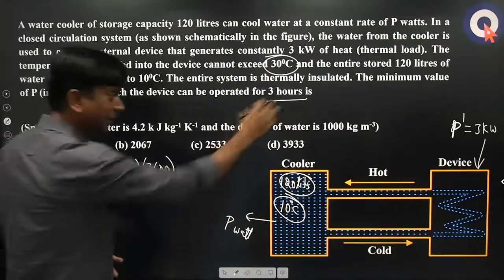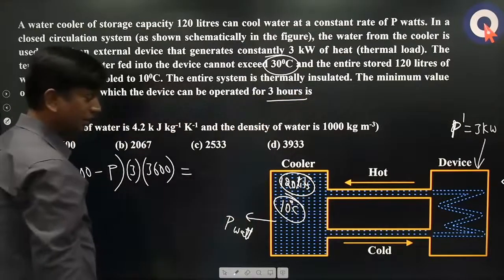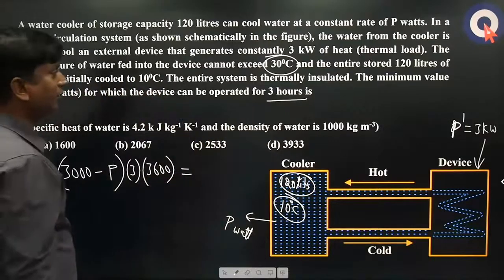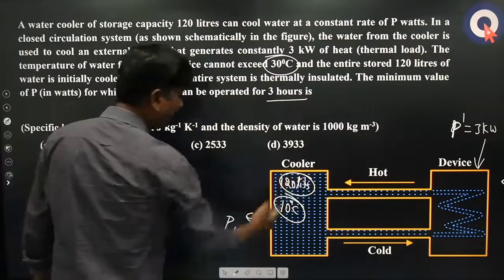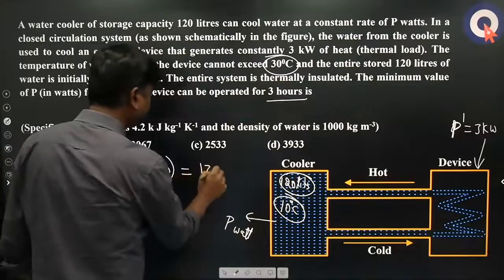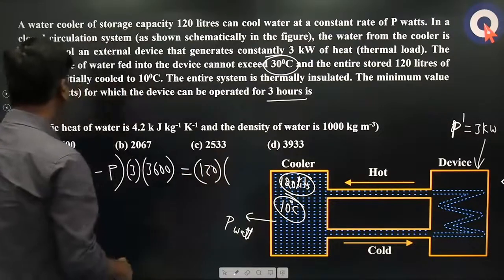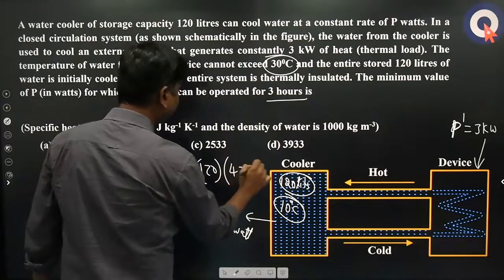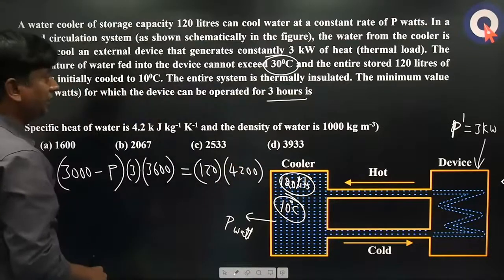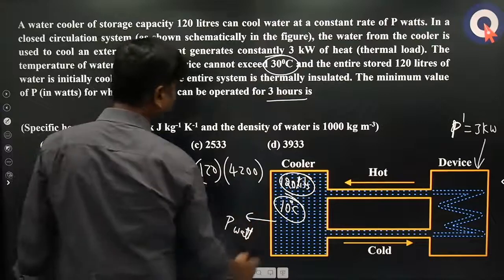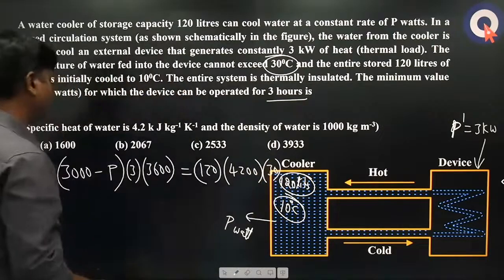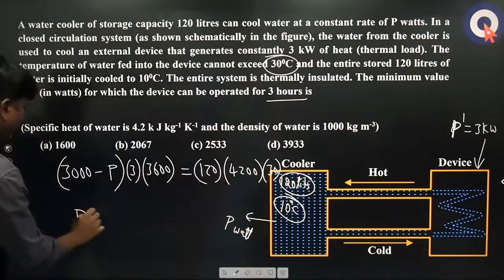Net heat, of course heat is given and it is also removed, but net, which is equal to m s. So 120 liters of water is 120 kg, into the specific heat of water, already given as 4.2 kilojoules, so take 4200, into delta theta. It is increasing its temperature from 10 to 30, so the increase is 20. That's all. So you can calculate the value of P.